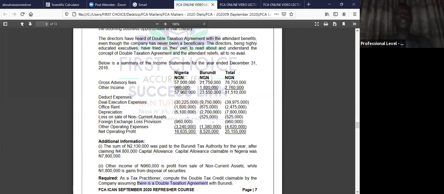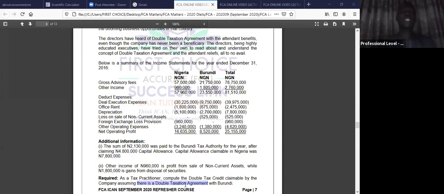So this is what you should underline. I told you about double taxation agreement and all that, I told you to underline it there. They have not explicitly stated that the double taxation agreement exists, but you may need to know that the reason they are interested in it is possibly that a double taxation agreement is stated. But here it is stated specifically that there is a double taxation agreement.